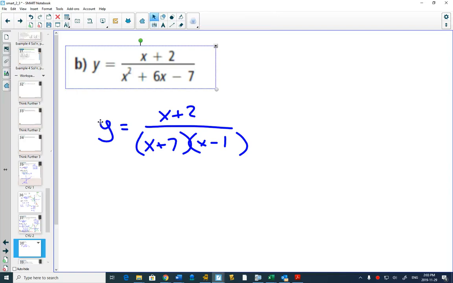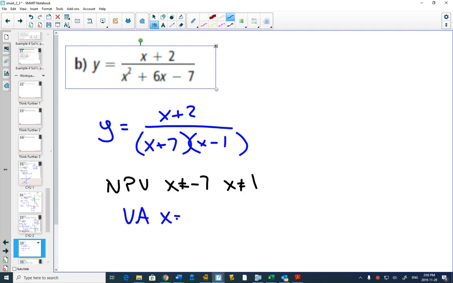Non-permissible values, though, x can't equal -7, x can't equal 1. Neither of them cancel out, so we know we have vertical asymptotes at x equals -7 and x equals 1. Step 1 was factoring. Step 2 was holes or vertical asymptotes.